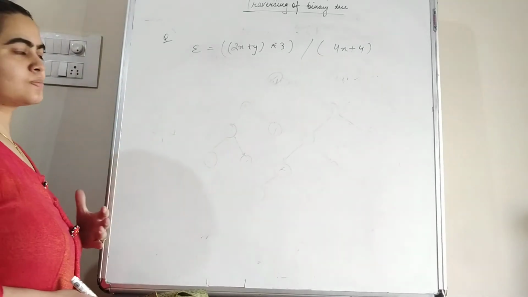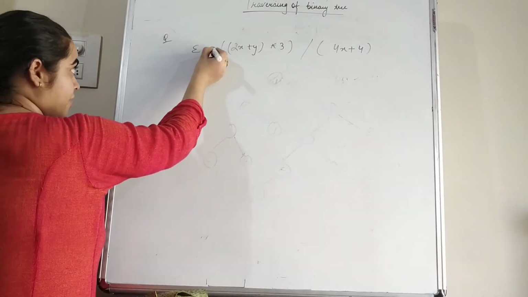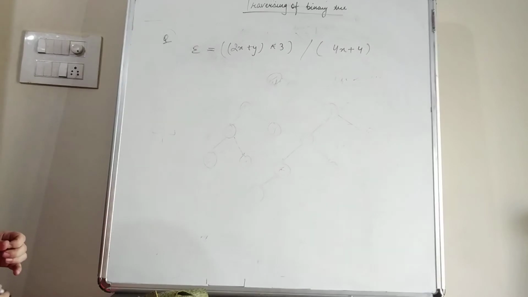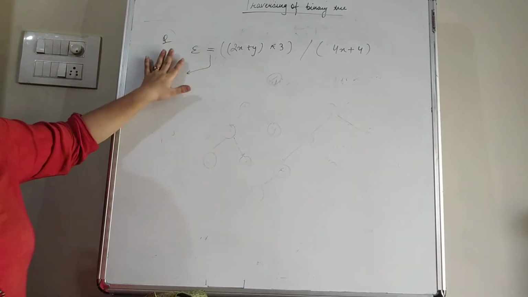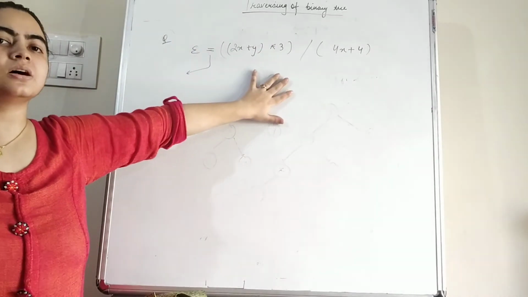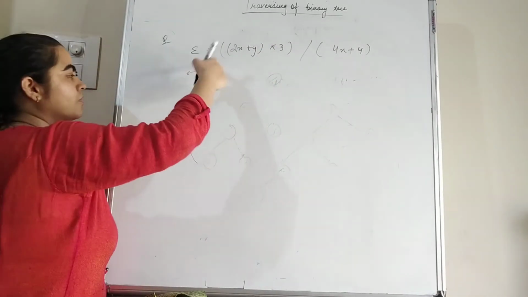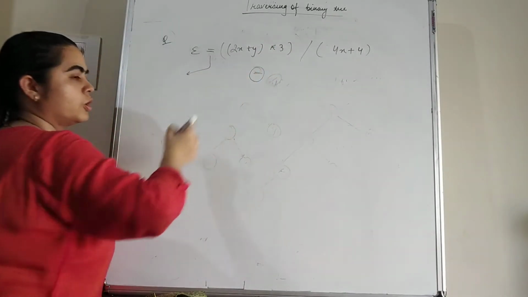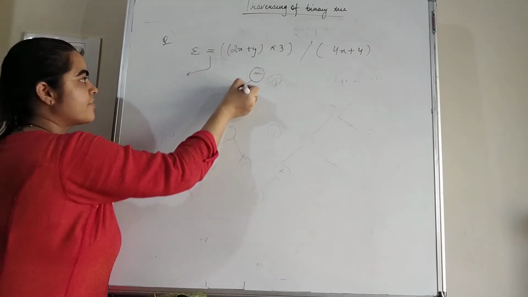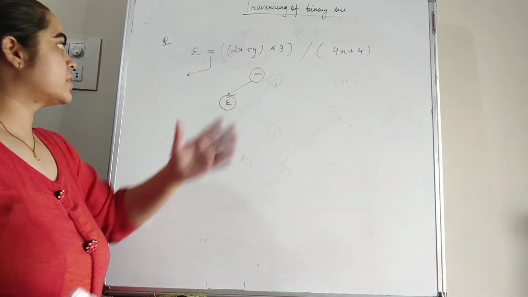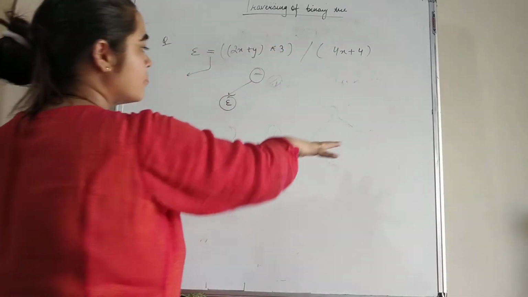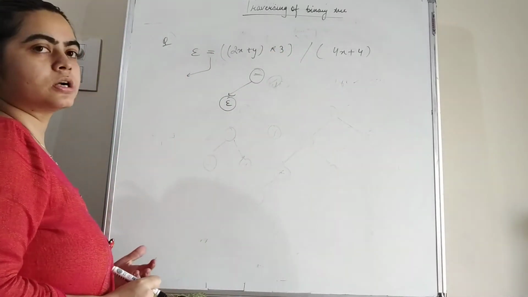Now see this expression, students. If equal to is given in the equation, then always on the left side this is the left subtree, and on the right side this is the right subtree. So always you have to put equal to in between. On the left side you write E, and on the right side is the whole expression which you have to represent using in order traversal.